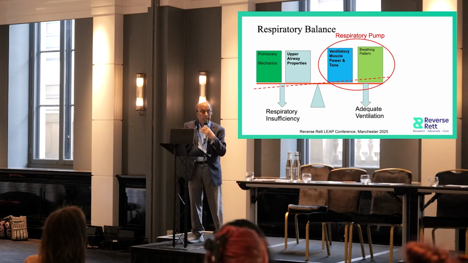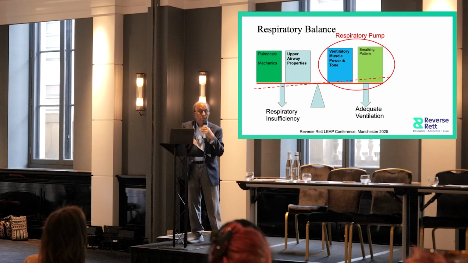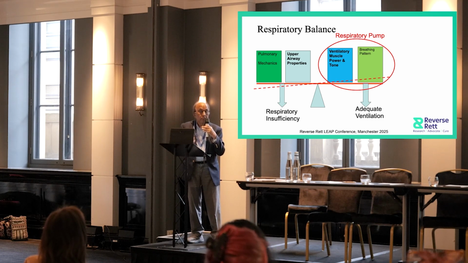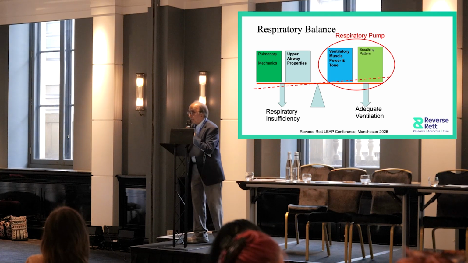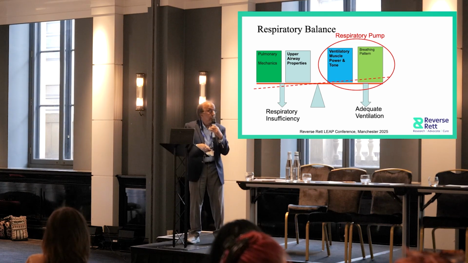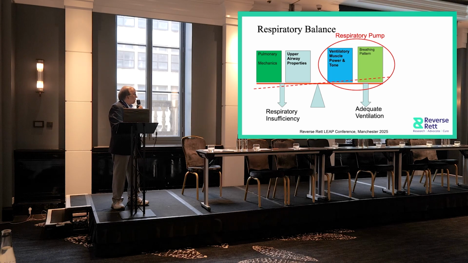Now I want to show you how this happens. How does this low tone in our patient population affect things? Here we use a paradigm of a respiratory balance. In the center is the fulcrum, and the thick red line shows the normal situation.